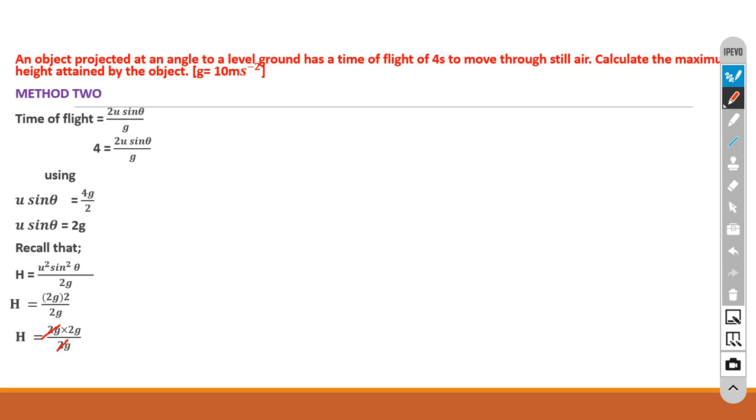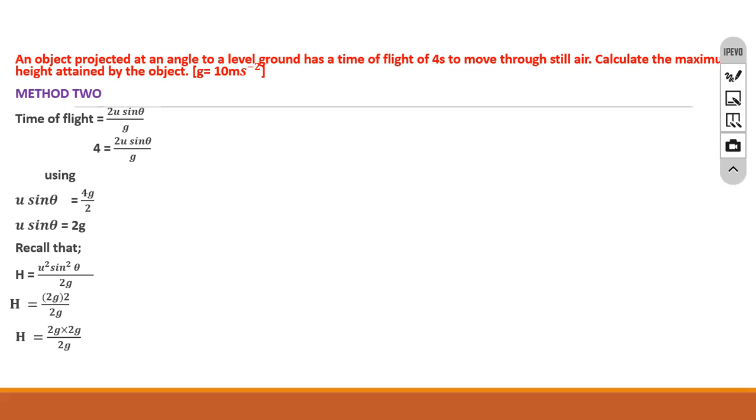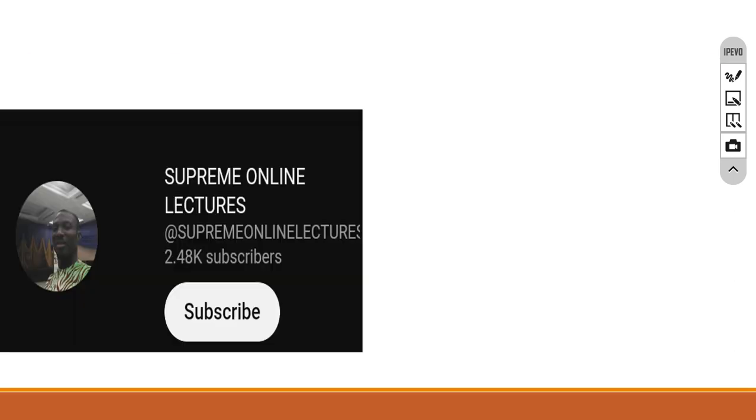So we will end up having 2g. Of course, g is 10, so when we multiply 2 by the value of g, which is 10, we get the same answer as the one we had previously, which is 20. So that's how far we can go for this lecture.